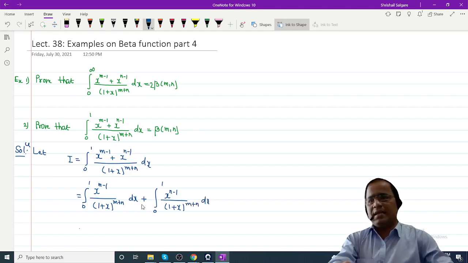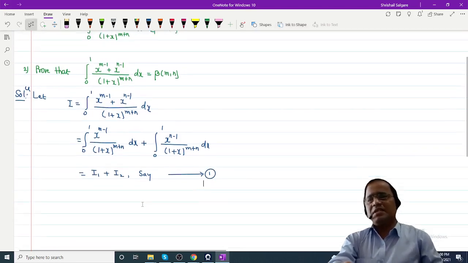The same steps I am going to follow; the only change is in the last step. The earlier example I gave as homework. I will call these I1 and I2, and this equation I will call number 1, so that I can refer to it afterwards.